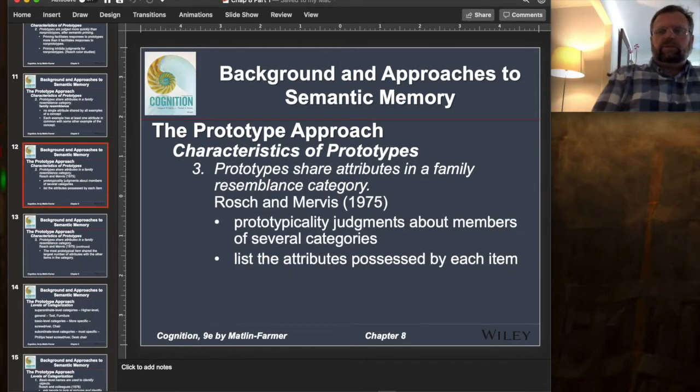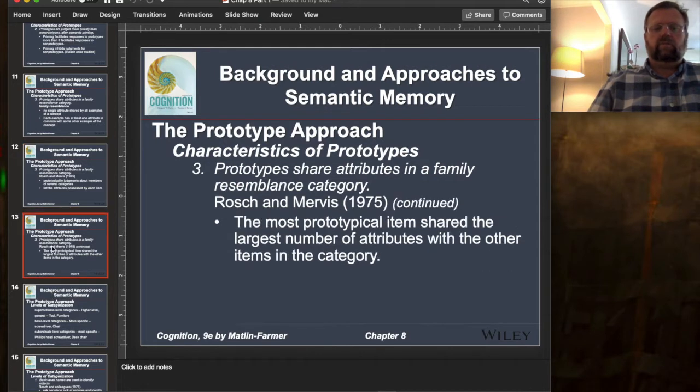In one study that was done by Rosch and Mervis back in 1975, they looked at prototypicality judgments among members of several different categories. And then they had them list all the attributes possessed by each item. And what they found is that the most prototypical item shared the largest number of attributes with the other items in the category.